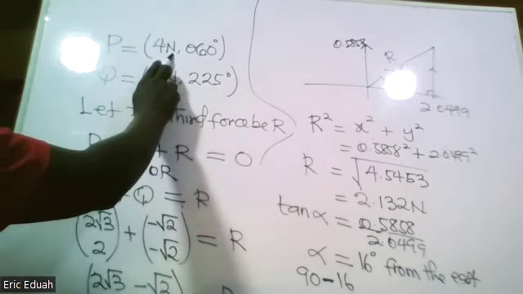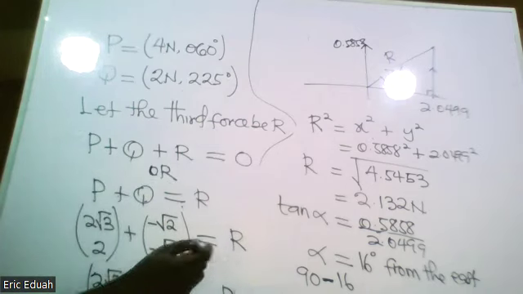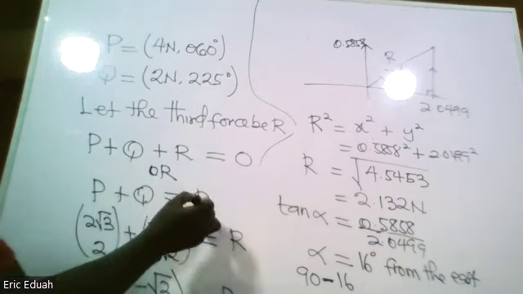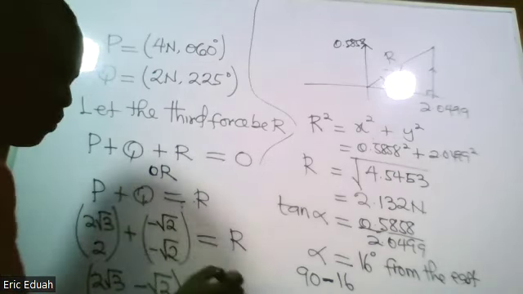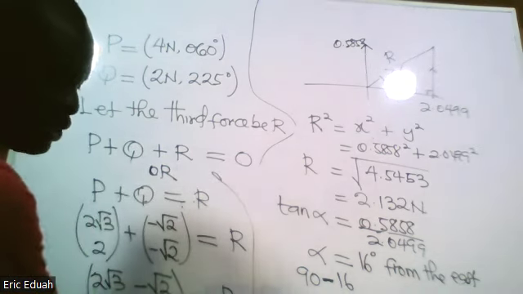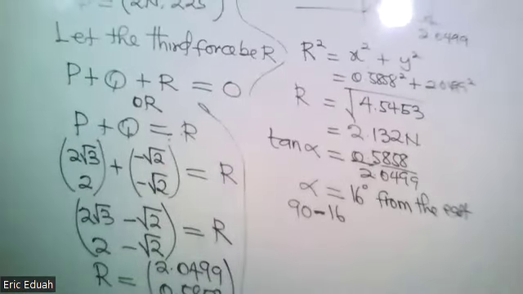We resolve this into components and then sum them. This is the resultant. Now we are saying that the equilibrant has the same magnitude as the resultant, but its direction is always opposite to the resultant.